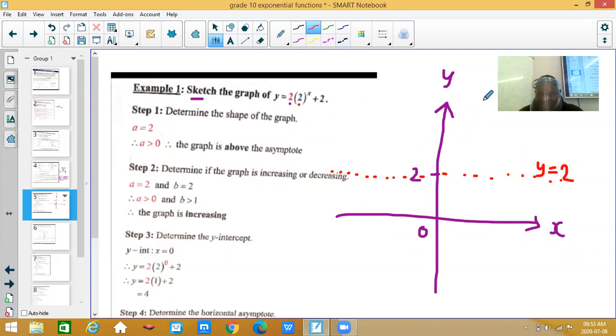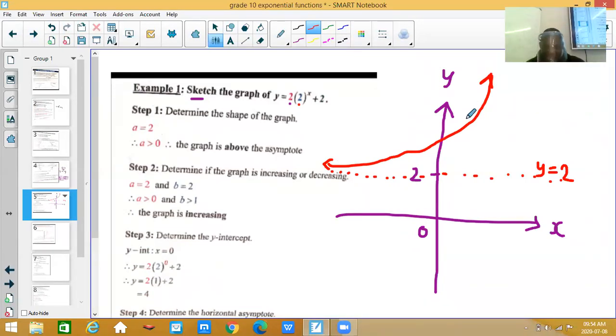Now, with your permission, let me just sketch, because when you are sketching, the graph will be something like this. It draws nearer and nearer, but never comes into contact with the line of asymptote. So this gives us the shape. Since a is positive, the graph is above the asymptote.